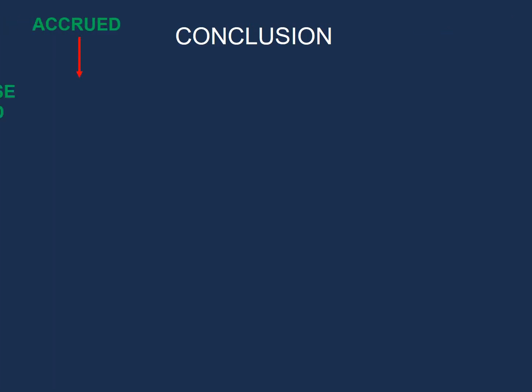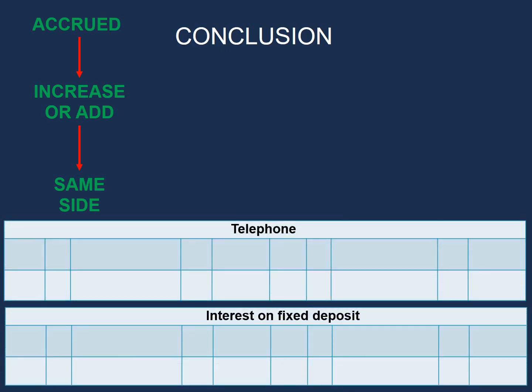So our accrued means that we should increase or add, so we will enter those transactions on the same side. Let's have a look below at what we mean by this. Our telephone account has an opening balance on the debit side, and if we have an accrued expense, we will enter that also on the debit side. So it's on the same side.